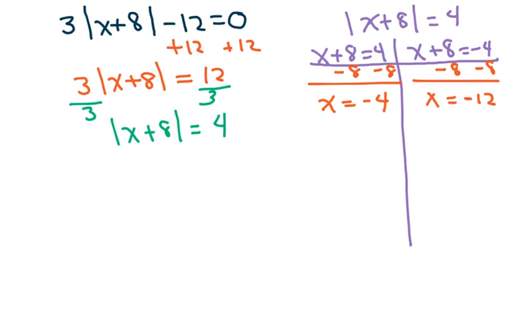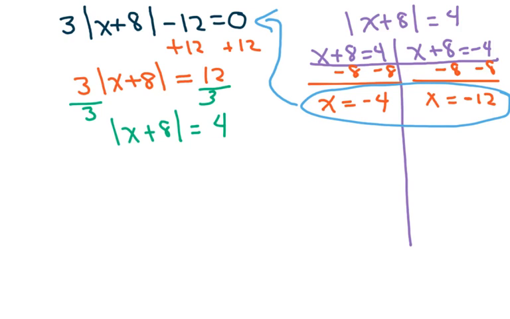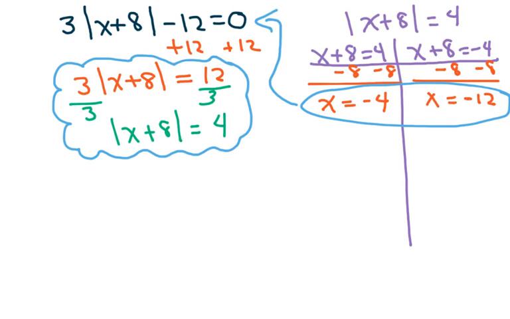Now, let's do it the right way and plug it back in the original equation, not the one I adjusted. Because, again, I could have made a mistake here in this area. I probably didn't, but let's plug it in. We're going to have 3 times absolute value of negative 4 plus 8 minus 12. Does that equal 0?